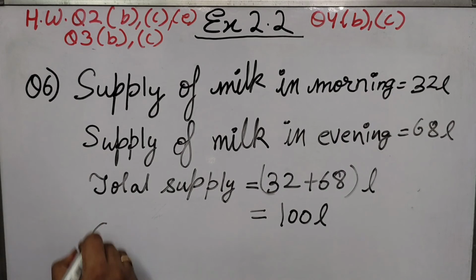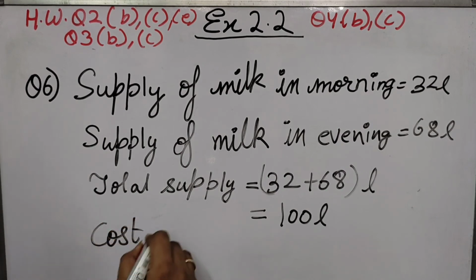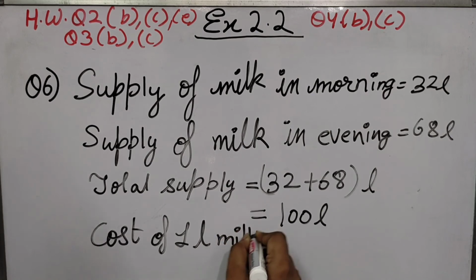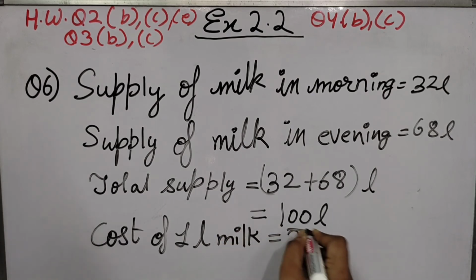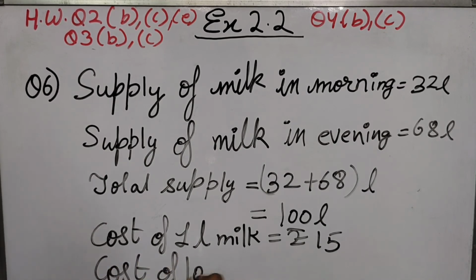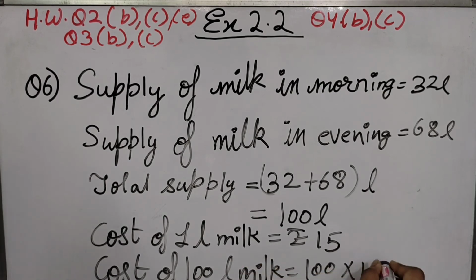Now, the cost for 1 liter is given. Cost of 1 liter milk is rupees 15. So, the cost of 100 liter milk will be 100 multiplied with 15.